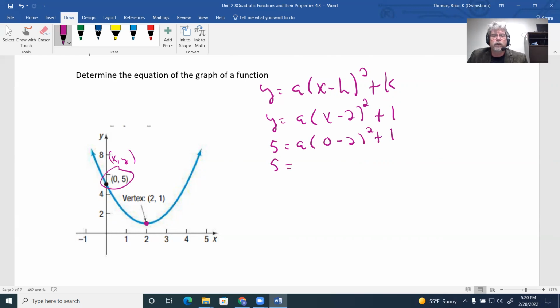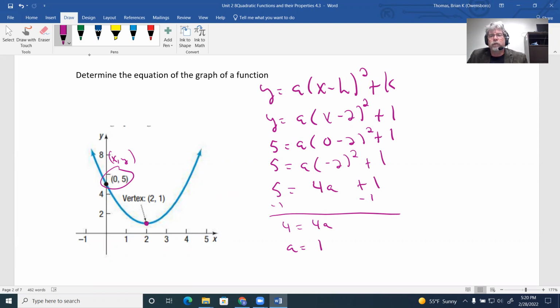So I have 5 equals a, and 0 minus 2 would be -2 squared plus 1. So 5 would equal, this is going to turn into 4a plus 1. So to solve for a, we have to lose 1 on each side. So 4 equals 4a. So a would equal then 1.